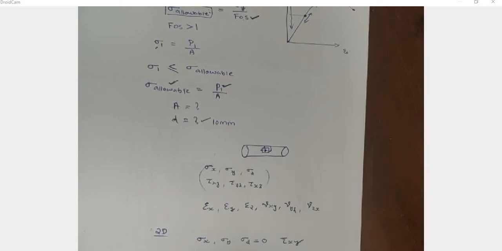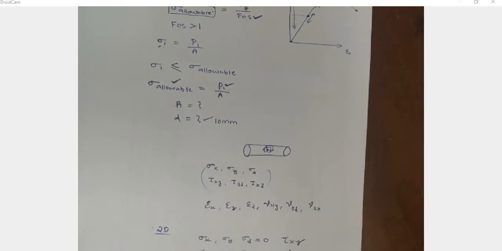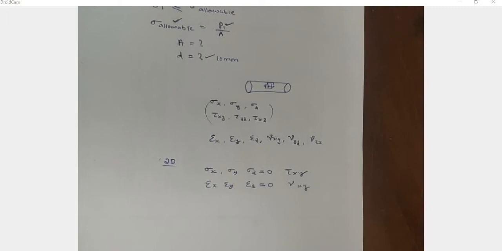Similarly, epsilon x, epsilon y, gamma xy, and epsilon z is there but it is 0. This is the 2-dimensional condition. We already discussed this, and using the Mohr circle we can calculate the principal stress and the stress on any inclined plane.